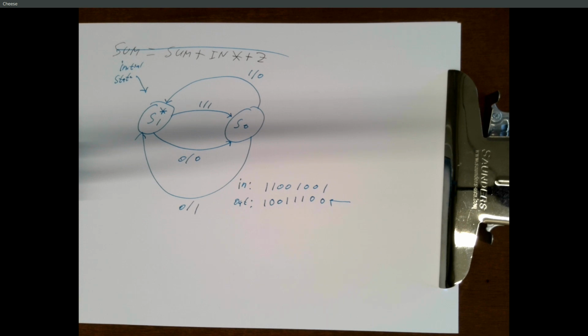First of all, how are we changing from state to state? What's the pattern here? If we're in state 1, what's our next state going to be? Does it depend on the input?